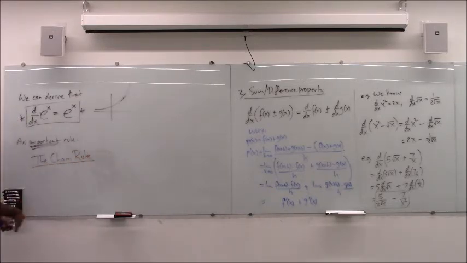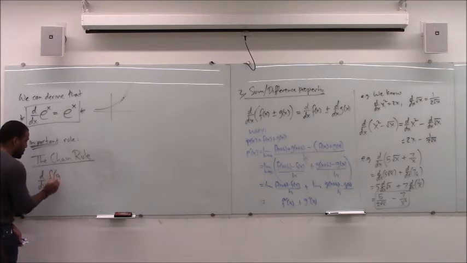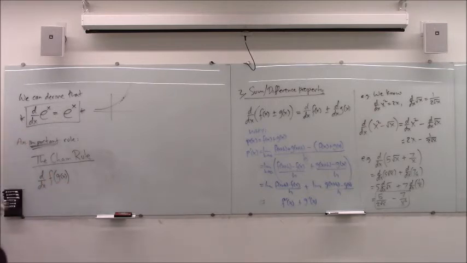I'm just going to tell you what it is, not going to derive it. Watch my 1206 lectures if you want to see a derivation. So the chain rule says the following. If I want to differentiate something of this form, f of g of x, the chain rule tells us how to differentiate composite functions. If I take one function and plug it inside of another function, and I have this new function, right? How do I differentiate the composition?